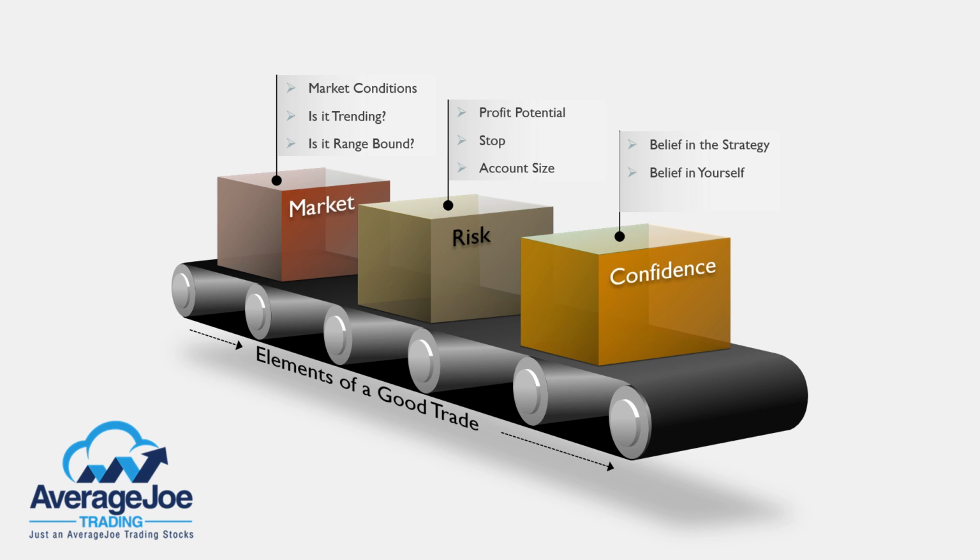AYX. And then another thing we talked about, and this is really important, is account size, because I know a lot of people teach you to only risk 1-2% of your account. If you have a $5,000 account, you can't risk 1%. You can't risk $50 per trade.